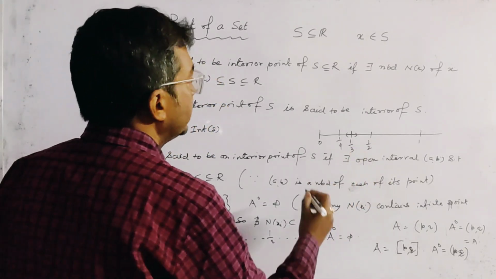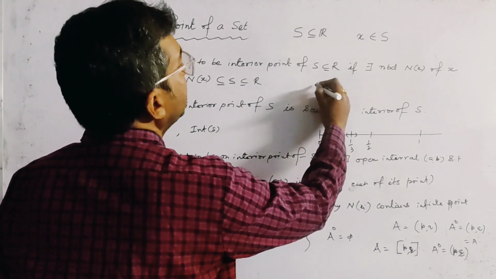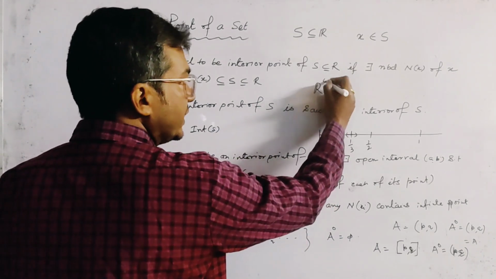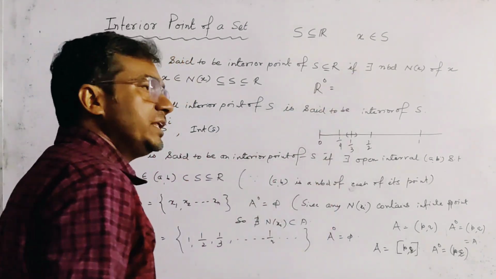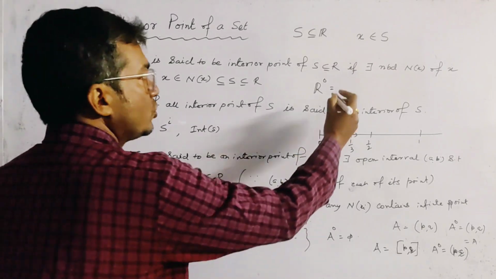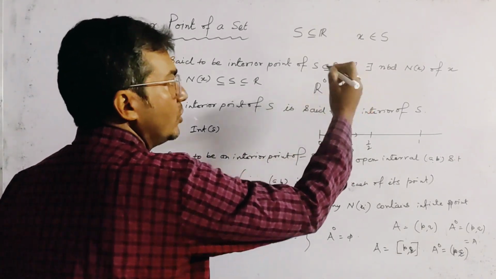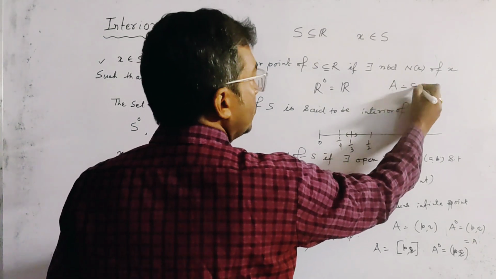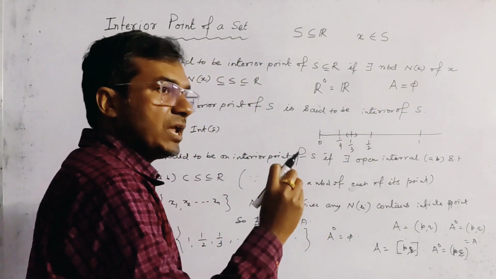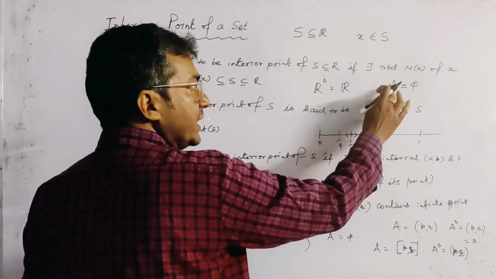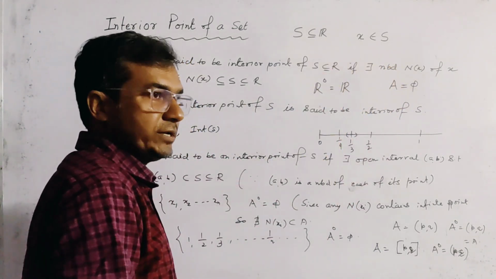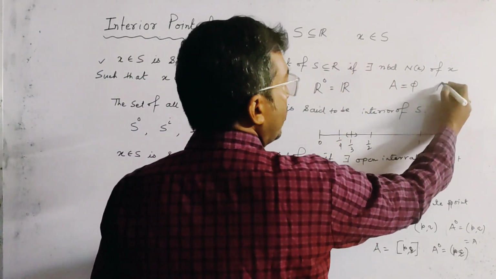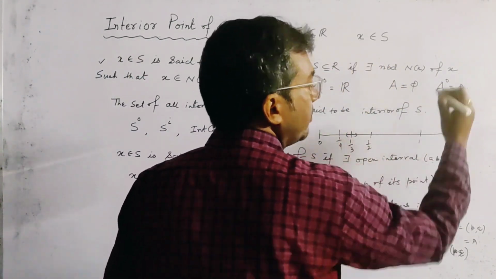If we take the set of all real numbers, then it is clear that the interior of the real set is also the real set. If we take A equal to phi, the null set, since the null set has no point, the interior of the null set is also phi.